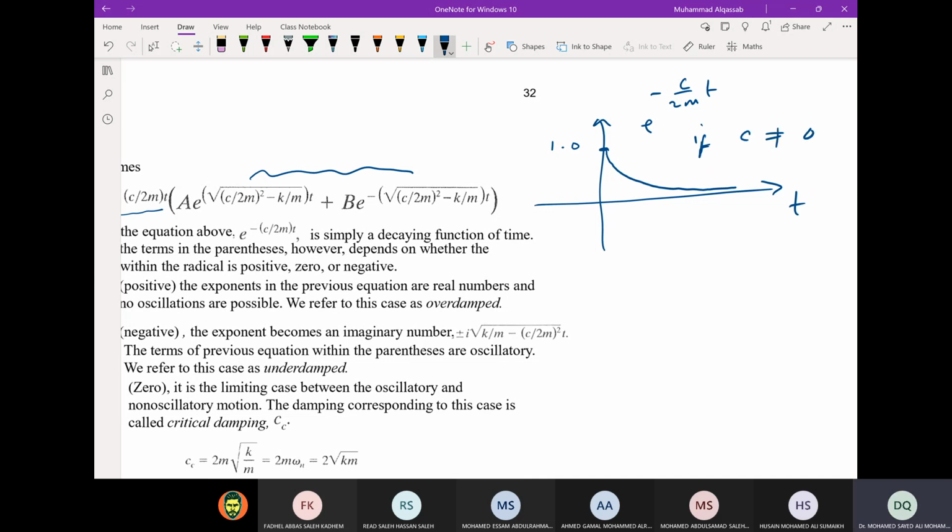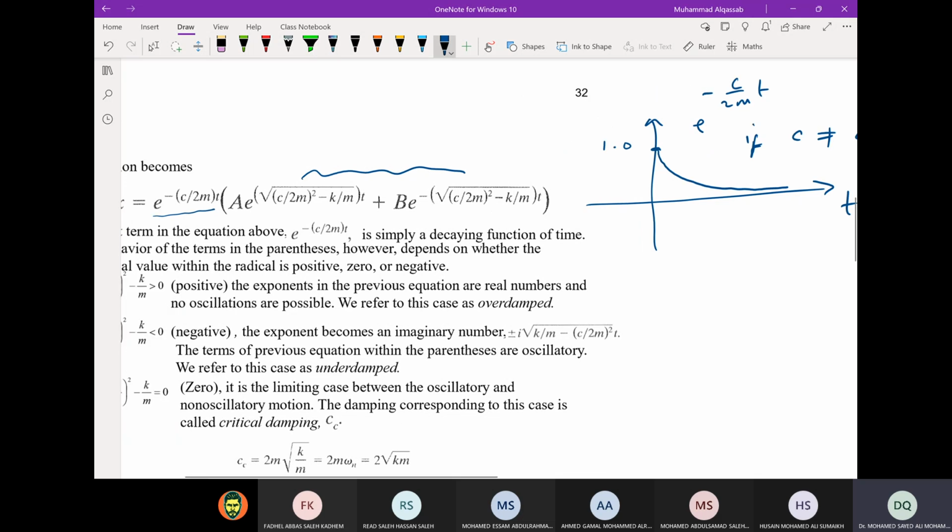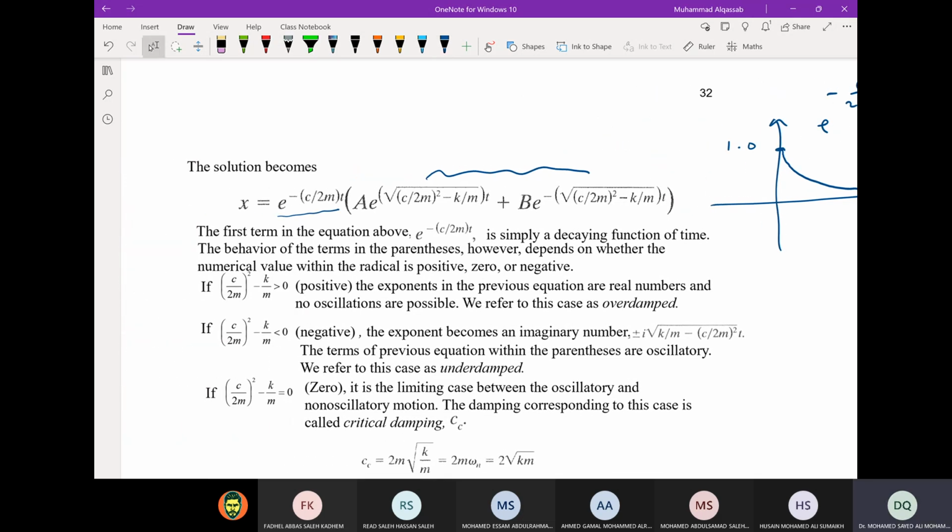This is the function that is responsible for reducing the amplitude with time, and it's called an exponentially decaying function. So the two functions in the parentheses are multiplied by an exponentially decaying function, forcing the amplitude to go to 0. If c is 0, this will not be decaying. It will always be of the same amplitude.